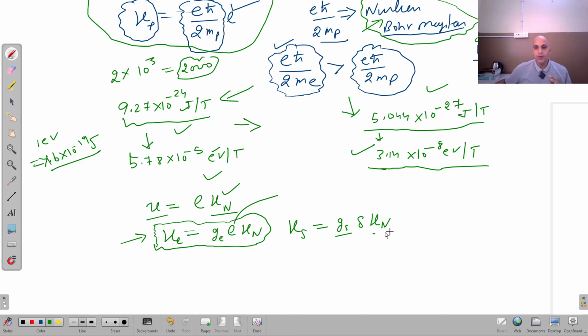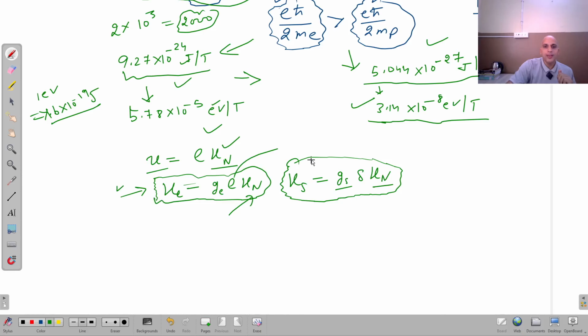So this is the expression for the spin magnetic dipole moment in analogy to this one. Once again I am recalling that in quantum mechanics these elementary particles possess this magnetic dipole moment as their intrinsic property. They behave like tiny bar magnets, but it doesn't mean they are spinning or rotating about their own axis. So now we have the orbital magnetic dipole moment and the spin magnetic dipole moment of the proton.